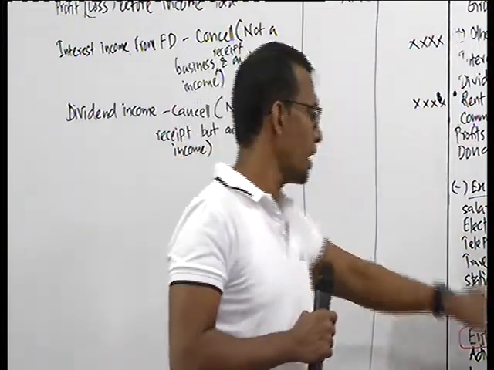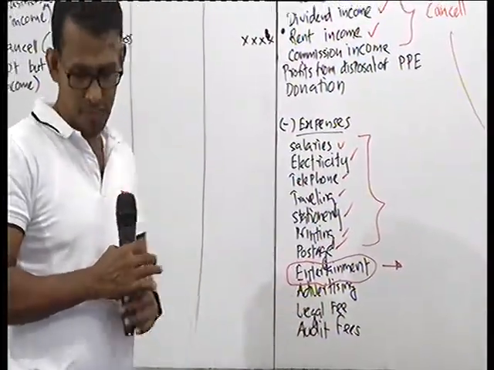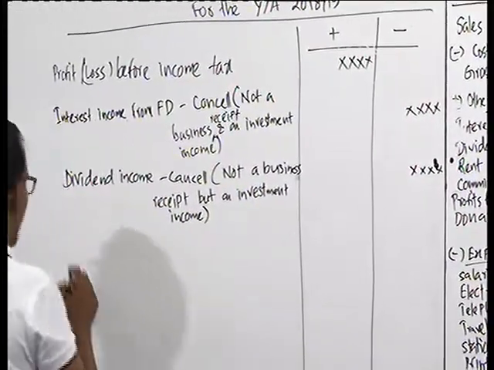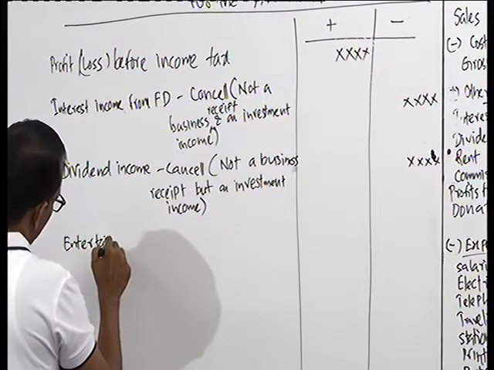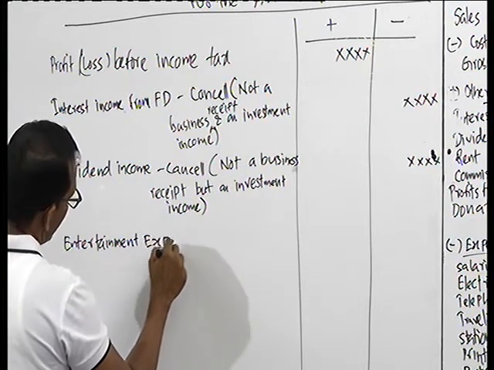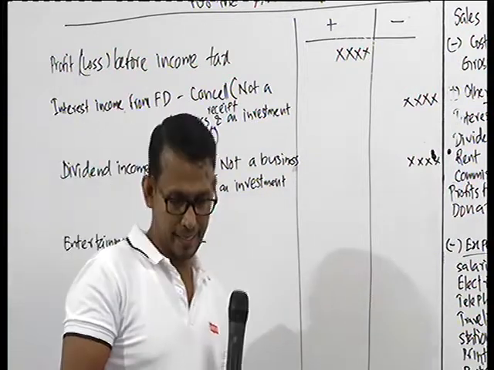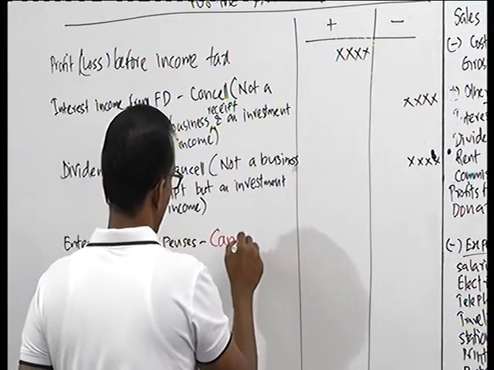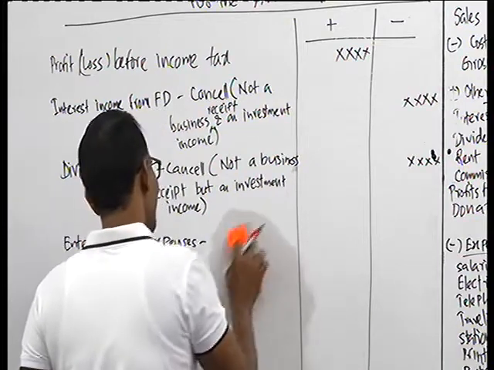So therefore, in accounting, if you have deducted entertainment expenses, what you have to do is simply add it back. You have to say entertainment expenses. Or rather, not cancel, you had better say disallow.